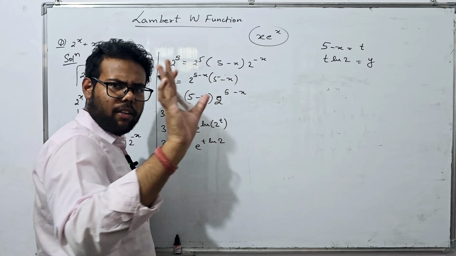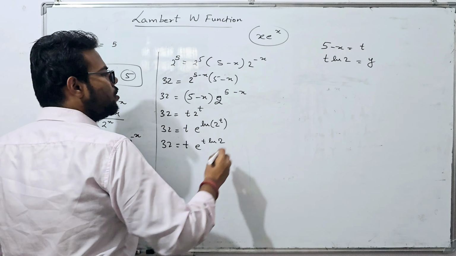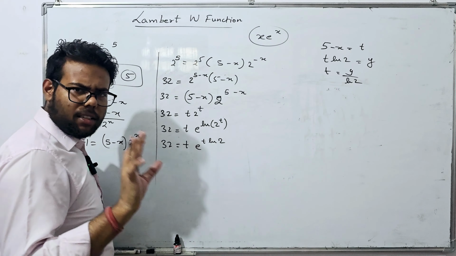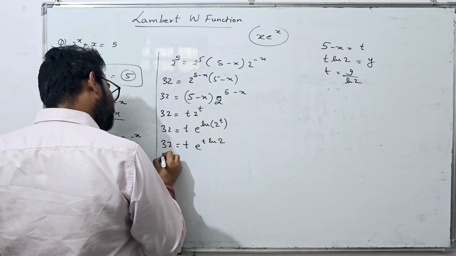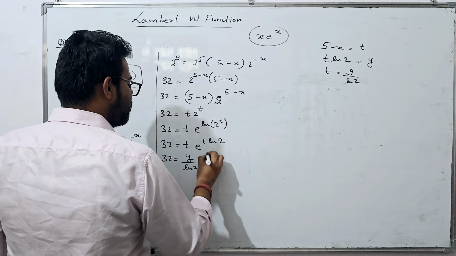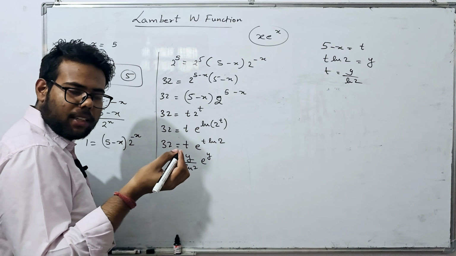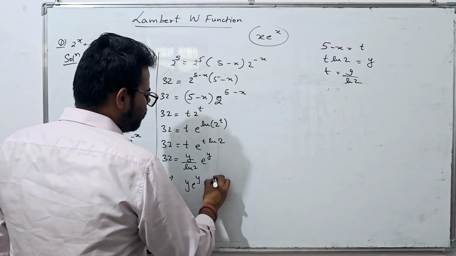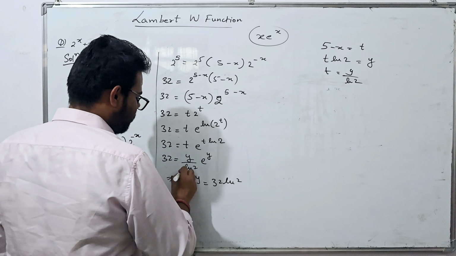Just substitute it, no need to worry. So t is equal to y upon ln2. It makes sense? Yeah. So 32 is equal to y by ln2 times e^y. Is it correct? Yeah. So y e^y is equal to 32 ln2.